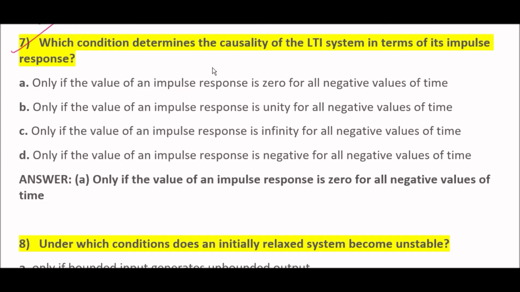And option D, only if the value of an impulse response is negative for all negative values of time. Okay, so I know this question is very long. Correct answer here is option A. So condition is only if the value of an impulse response is 0 for all negative values of time.